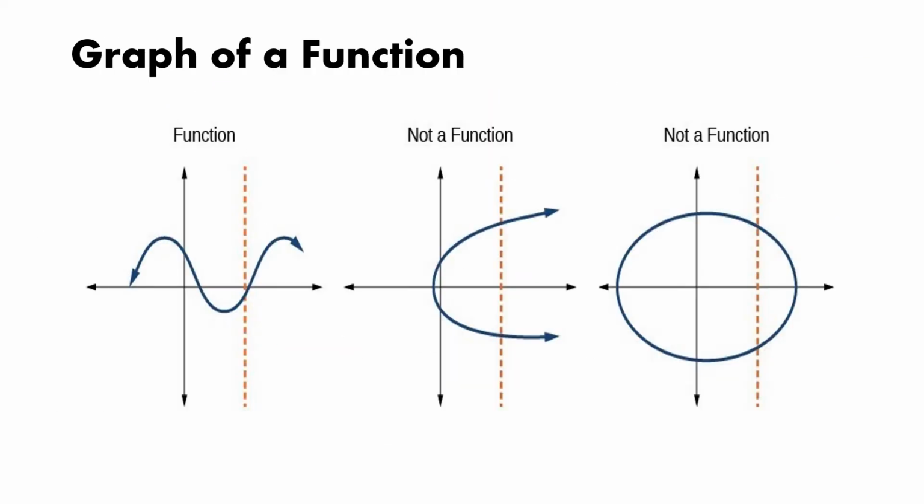Now let's deal with the graph of functions. In determining if the given graph represents a function or not, we simply use the concept of the vertical line test. In your first graph, once we apply the vertical line test here, there is only one point of intersection between the vertical line and the graph. So meaning to say, graph number 1 represents a function. Now, is it a one-to-one function or not?